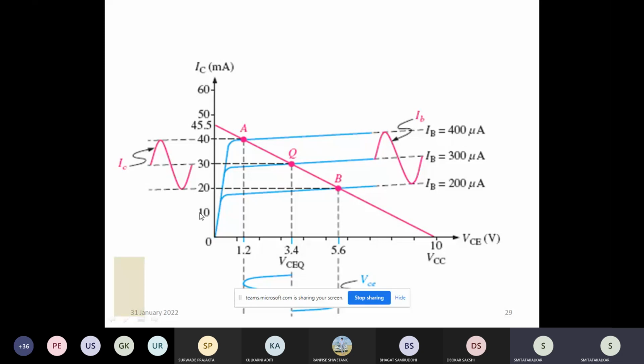Here the input is minimum, 10, 20, 30 milliampere, but each will be converted directly to 100, 200, 300, 400 microampere. It's amplified, the signal at the input side and here the output side. Here collector current and here base current. Input increases, and according to it the output also increases, and this concept is known as the common emitter configuration DC load line. Okay.